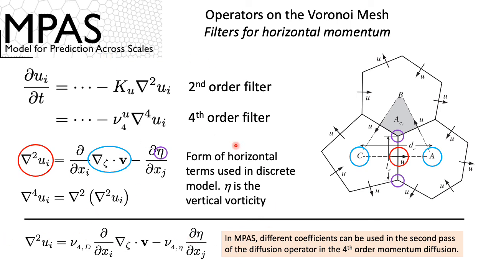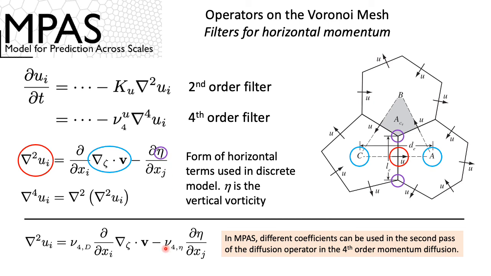And that is the filter for the horizontal momentum. There's one other aspect of this which I want to point out. Given now that it's the sum of two terms, we have, if we want, the capability or the choice to apply different viscosities or hyperviscosities to the divergence term as opposed to the vorticity term in this formulation.